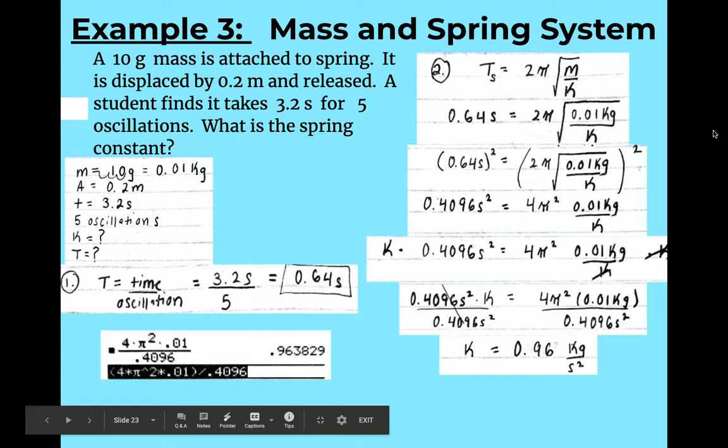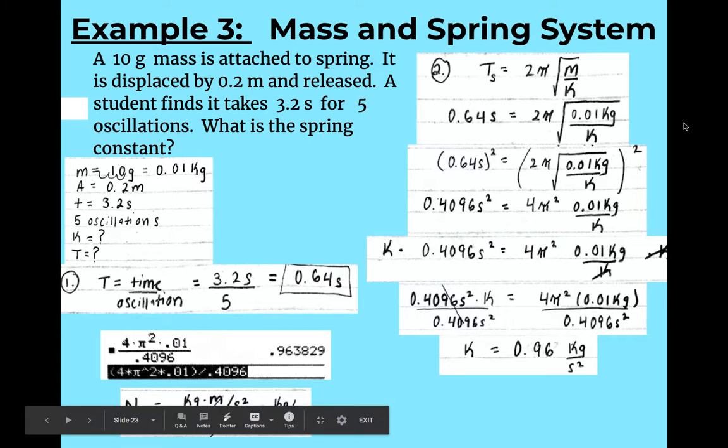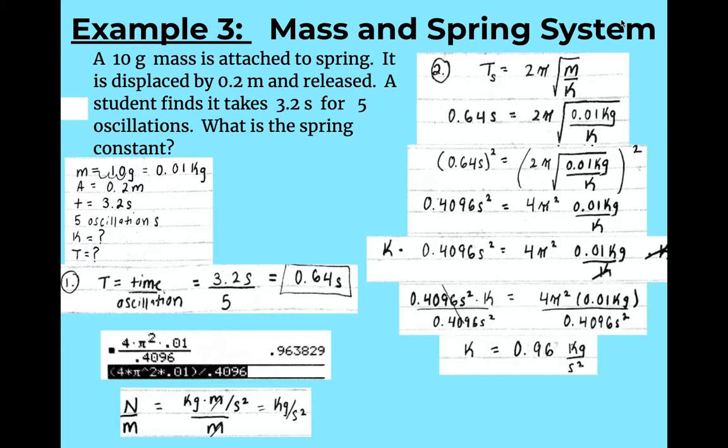So here's the point where we prove that a kilogram per second squared is equal to a Newton per meter. If you start out with Newtons per meter, think about F equals ma: a Newton is a kilogram times meter over second squared, mass times acceleration.